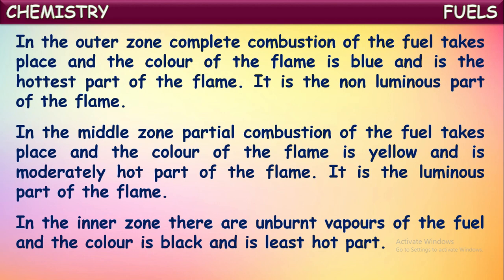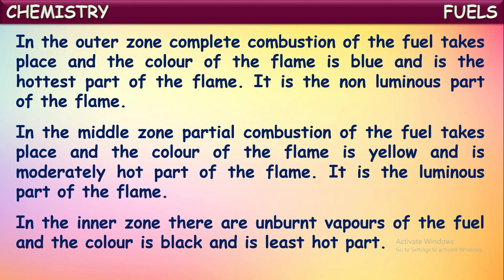In this way, the flame of a fuel can be segregated into three different parts. The outermost zone is the hottest part of the flame, where the fuel burns completely with a blue color. It is the hottest part. It is a non-luminous part also. In the middle zone, partial combustion of the fuel occurs.